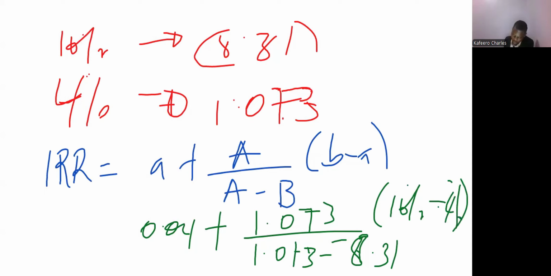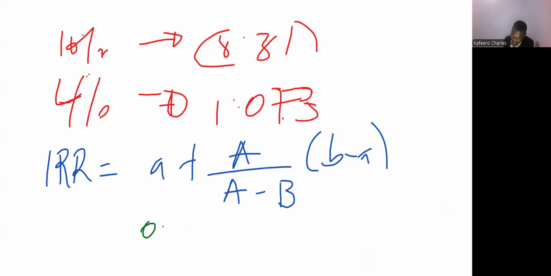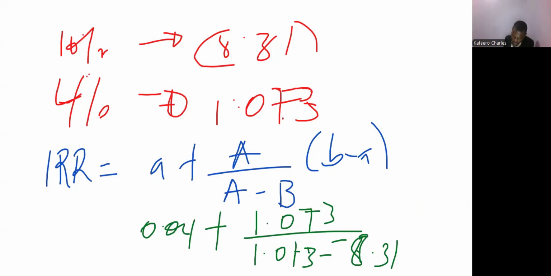Of course, this one you're supposed to maintain. Since we put all of them in decimals, even this one we are supposed to maintain. So this one is going to be 0.1 minus the 0.04. And then you put in the calculator everything and you get the final answer.